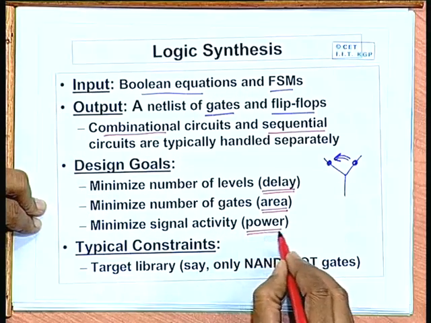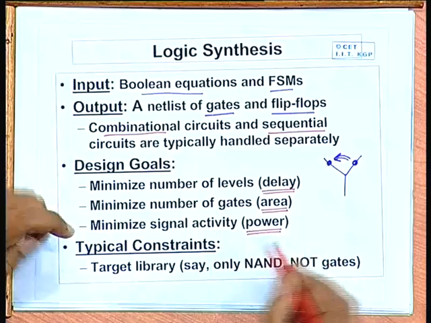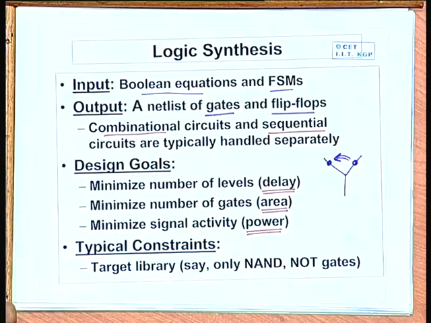Thirdly, there is another very important design goal which has crept up in recent years with the proliferation of mobile and handheld devices, which operate mostly not on electric mains power, but on backup battery power. So, one objective in the design of those circuits is that if the circuits consume less power, we can run them for longer periods of time, and that is certainly very desirable.